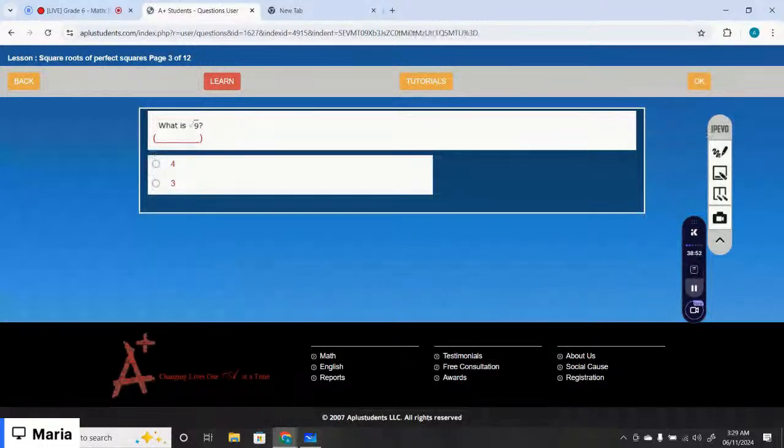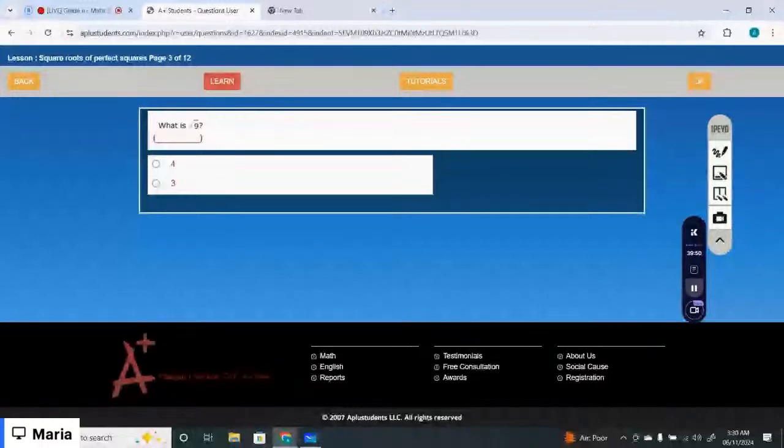What is square root 9, which is the correct option? The correct option is, very good, option number 2.